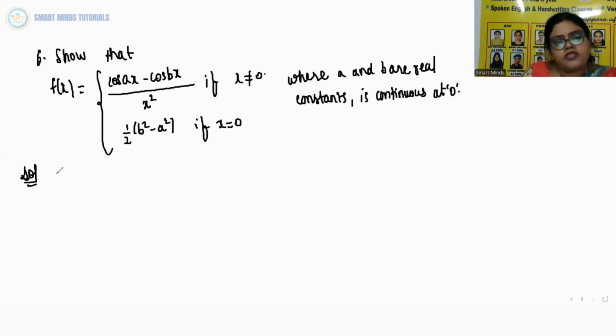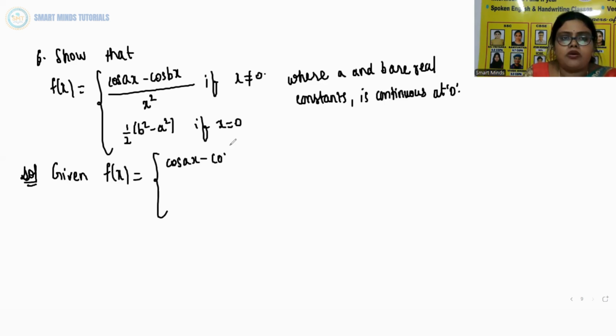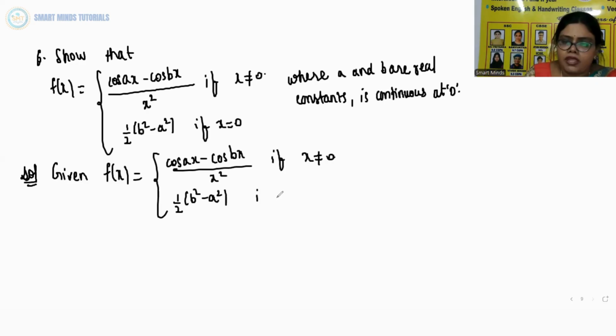Okay, so first we will write what is given to us. Given f of x equals cos ax minus cos bx by x square if x is not equal to 0, and half of b square minus a square if x is equal to 0.